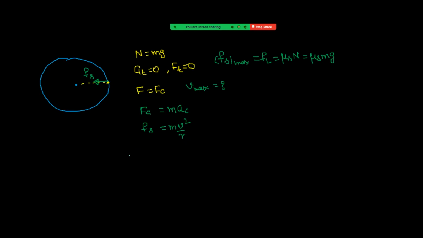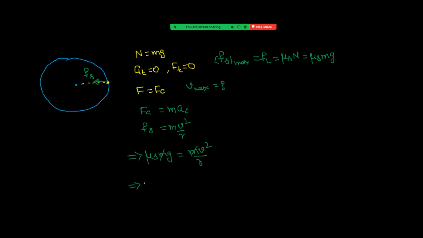Now substitute here: mu s into mg equals m v square by r. Now the v value is maximum, so mass gets cancelled.